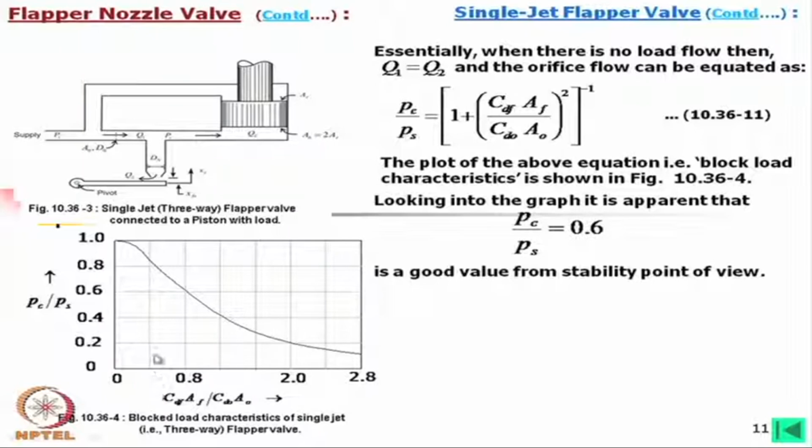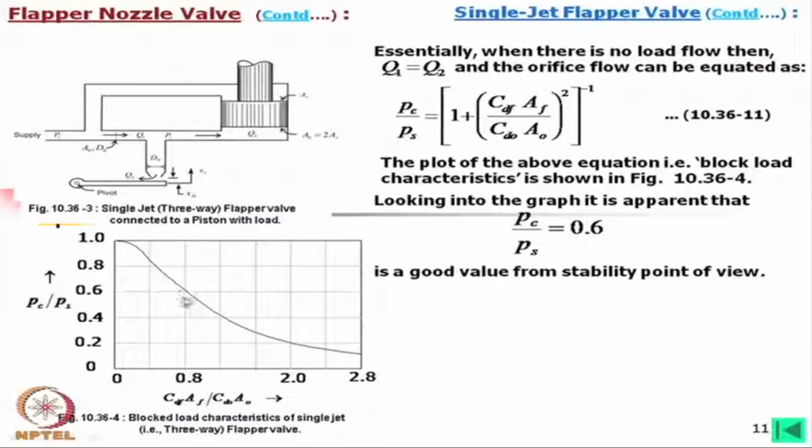Possibly this was found by analysis, that at those conditions the operation will be the best. Whereas, if we enter this zone, say this is 0.6, this is 0.8, this is 0.4; Pc by Ps equal to 0.6 is this one, here it is 0.8.